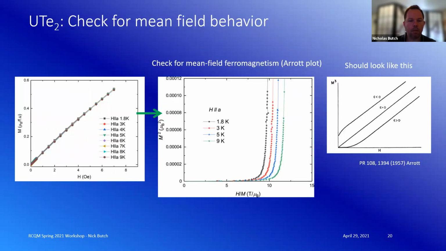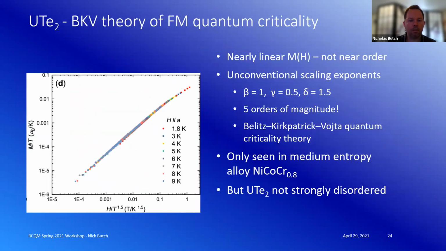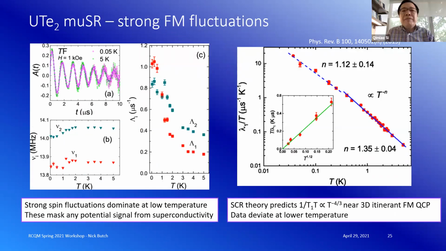Sorry, I'm somewhat slow at this. Here we go. Right, so we can ask what this power law behavior in MuSR tells us, and how literally should we take SCR theory, especially if we're talking about a different type of critical theory.